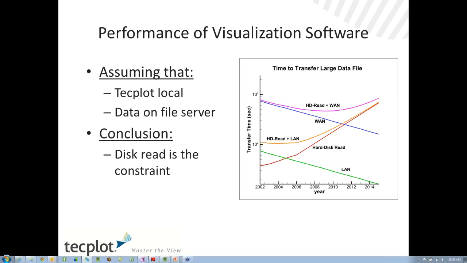You can look at that chart on the right, and you can see the red line is the hard disk read transfer rate, and the green line is the LAN bandwidth, and the blue line is the wide area network bandwidth, and the time to actually transfer the data sets that we project over time. And don't get too hung up on the fact that I've done these as very narrow lines.